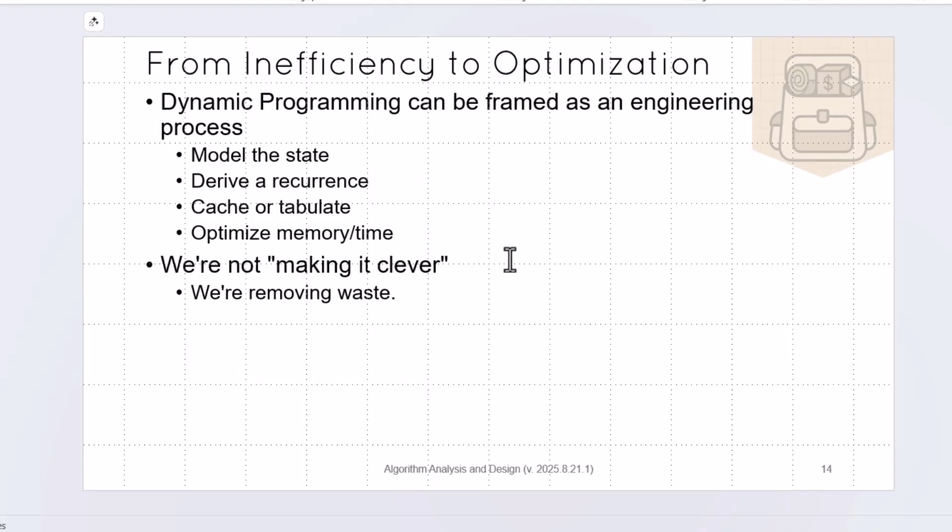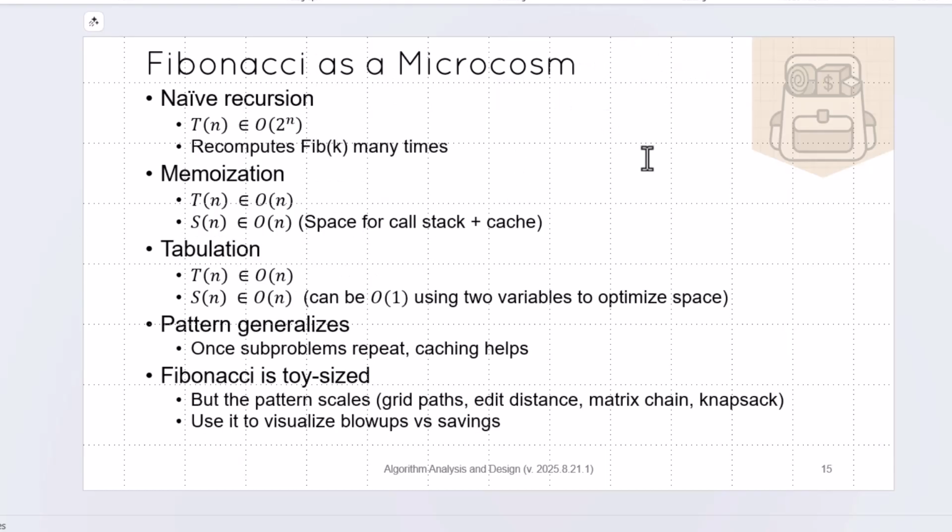Dynamic programming can be framed as an engineering process: we model the state, derive a recurrence, we cache or tabulate, and then optimize the memory and the time that way. We're not really making it clever, we're just removing waste. So with Fibonacci, the T of n is exponential, so it recomputes fib of k many times. That's our problem.